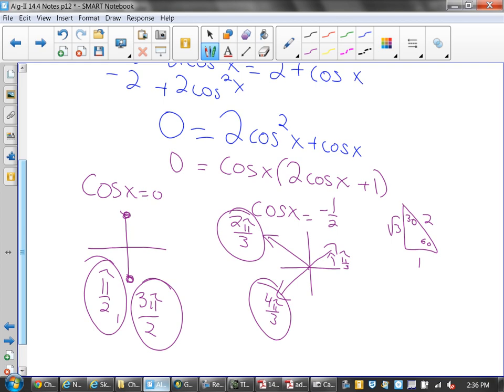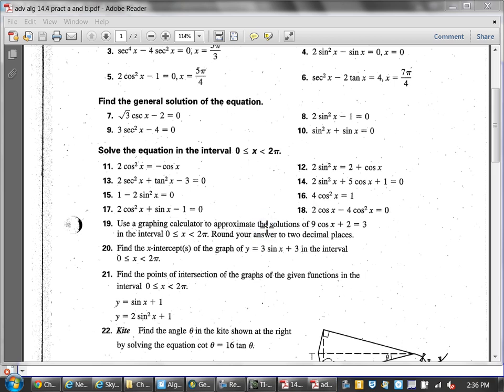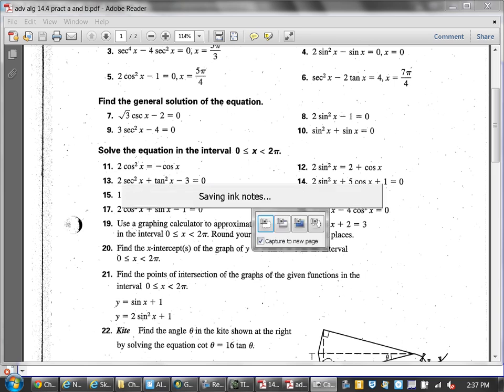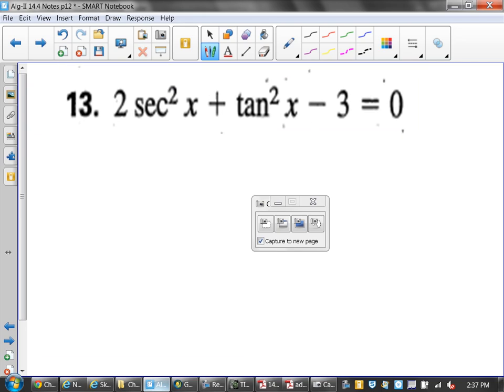There's another one on here I want to look at. Let me give you a hint. In this case, it's number 13, I have 2 secant squared x plus tangent squared x minus 3.